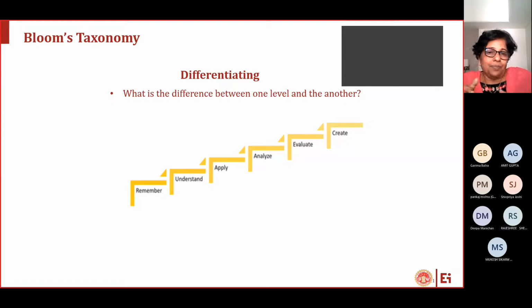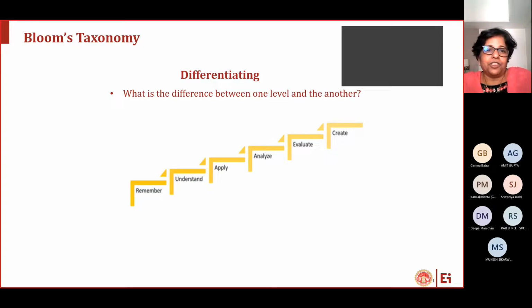But in different subjects like science, application means applying the concepts. In literature and language, it can get a little tricky. Now, what is analyze? How is analyze different from understand? Can we 100% say how understand is different from analyze?